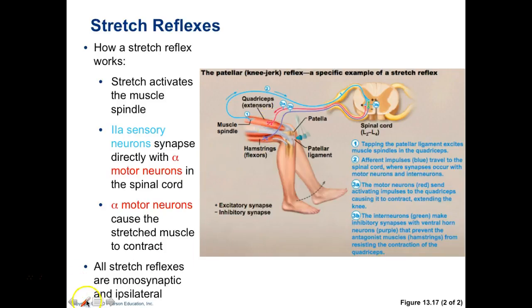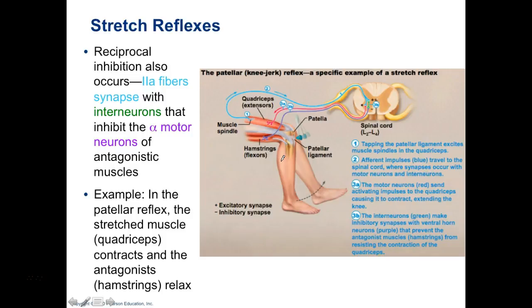Now when it contracts, that is going to cause our leg to extend. So it moves it back on up, so our limb would be straight here. And this is always going to be ipsilateral as well, meaning this reflex will always be on the same side.